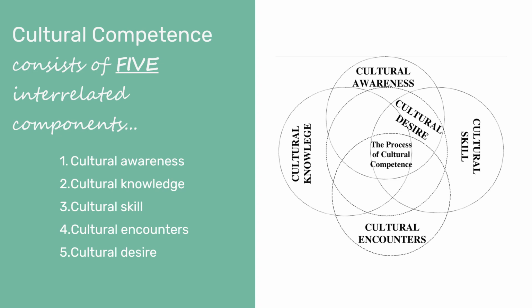And then cultural knowledge, seeking and obtaining information about different cultures. And then cultural skill, that's the ability to collect relevant cultural data and perform culturally based assessments and interventions. And then cultural encounters, that's engaging directly with cross-cultural interactions from diverse backgrounds.